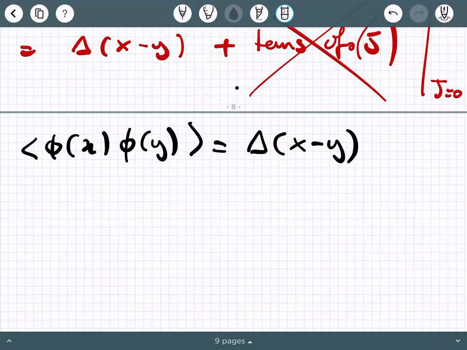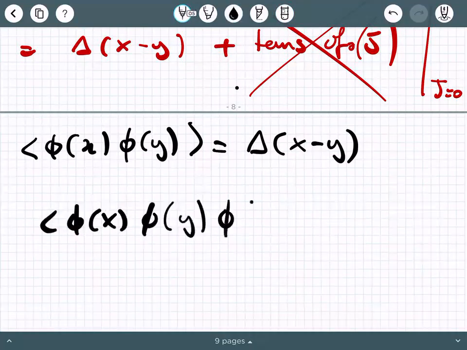Now, what happens to those with an even number of fields? Well, typically, I think you can convince yourself by looking at the 4-point or 6-point correlation function, and you immediately see how things work. Let's do a 4-point correlation function.